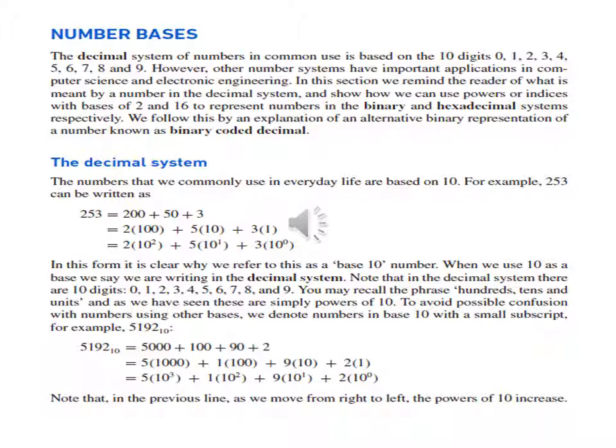For example, 5192 base 10 is 5000 plus 100 plus 90 plus 2, which is 5×1000, 1×100, 9×10, 2×1, that is 5×10^3, 1×10^2, 9×10^1, 2×10^0. Note that in the previous line, as we move from right to left, the powers of 10 increase. This is what we mean by a base 10, decimal system.